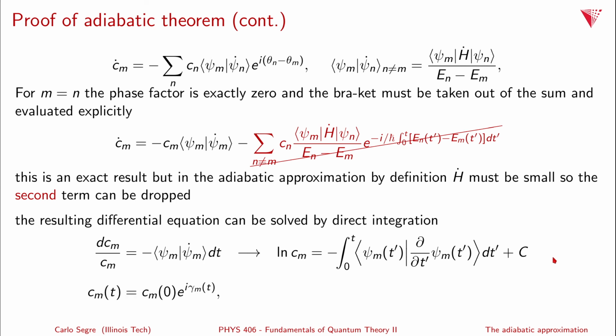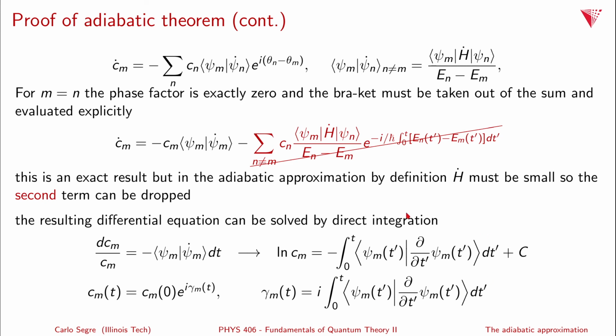Well, we know what this looks like because of the negative sign. This is going to be a complex exponential. So C sub m of t is now C sub m at time equals 0, that's a boundary condition, times e to the I gamma sub m of t, where gamma sub m of t is also an integral.